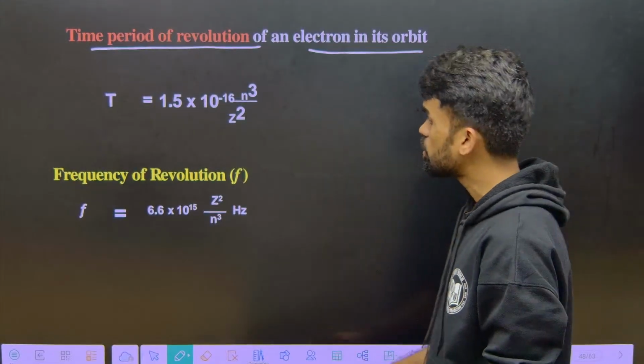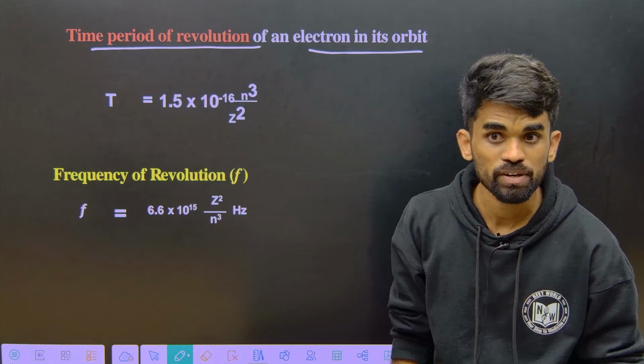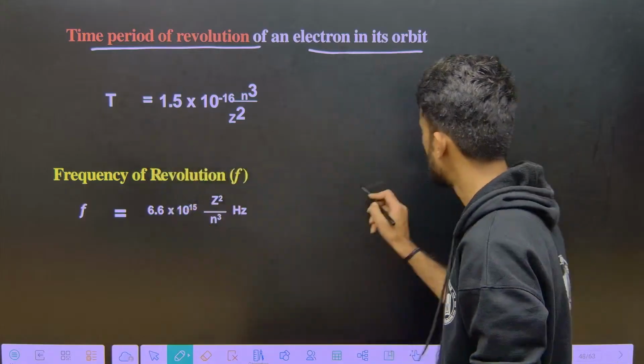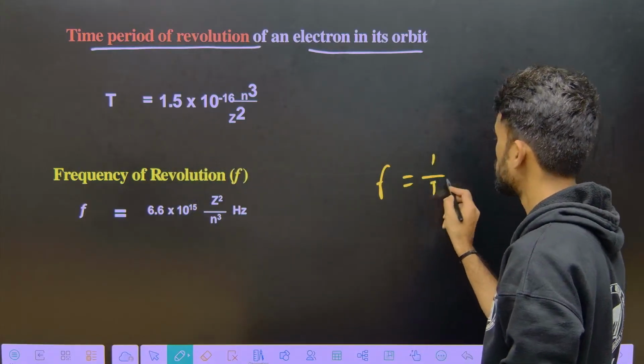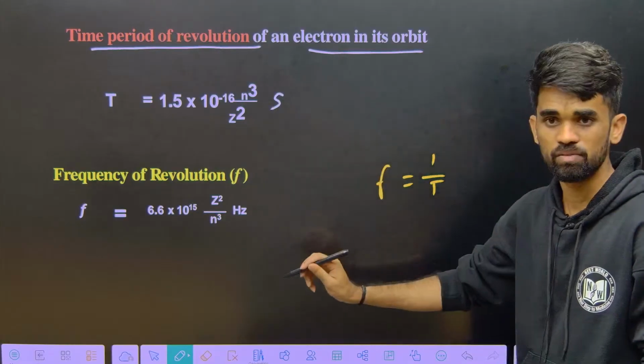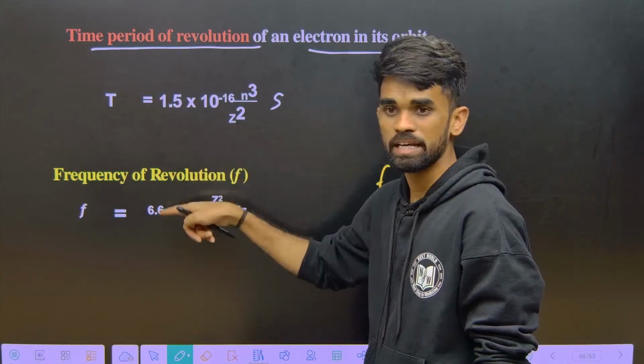What is the unit for frequency you have studied? Hertz or second inverse. So frequency of revolution is nothing but 1 by T. Time is in seconds, so frequency is in second inverse or hertz.